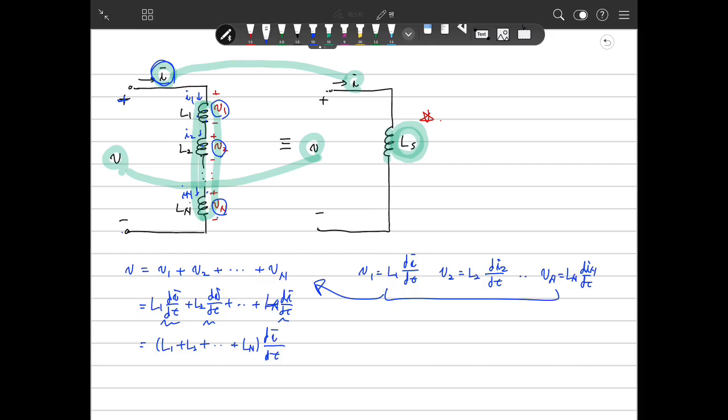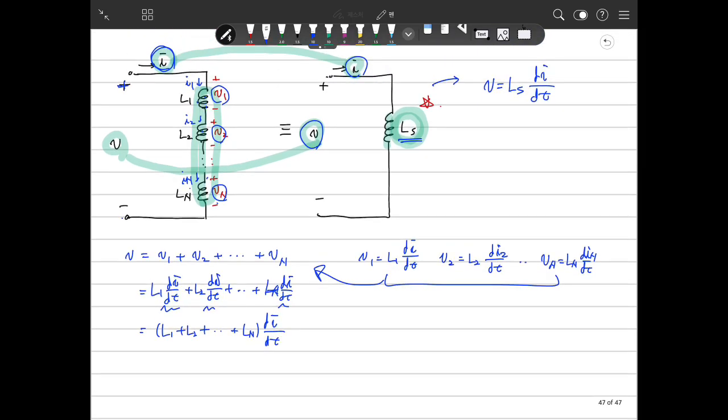Let me analyze this case. What is the relation between V and I and Ls? It's very simple. V is Ls dI/dt. So our target over here is to make the same V and the same current. That means V is Ls dI/dt, the same equation. So to do that, what should we do? That value is the same as Ls.